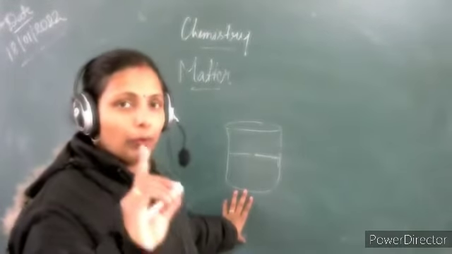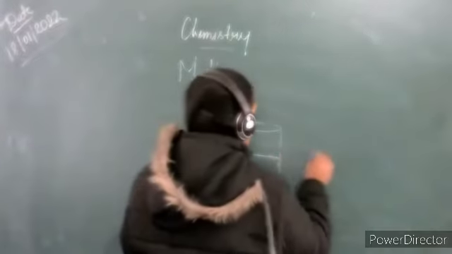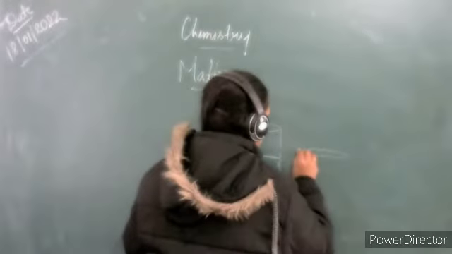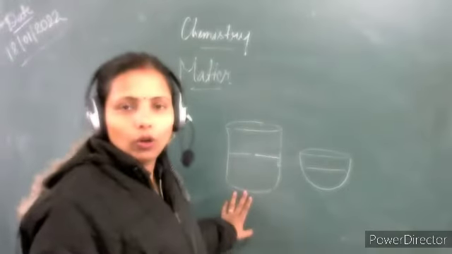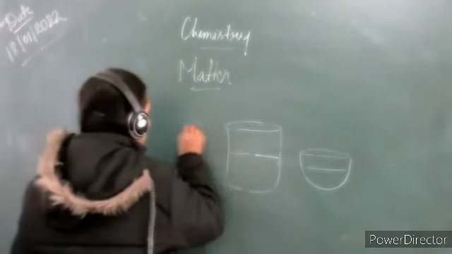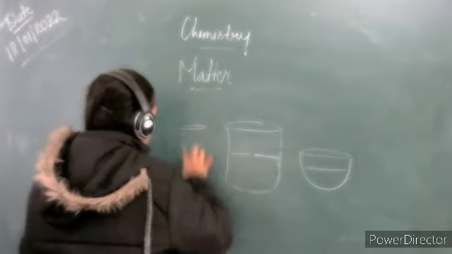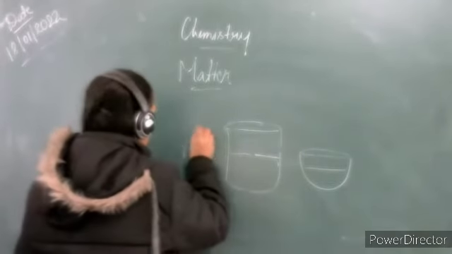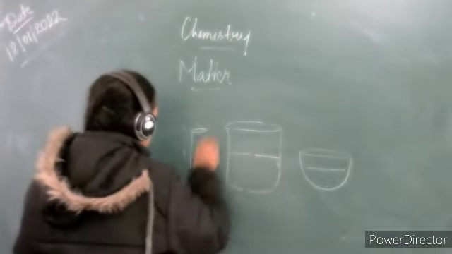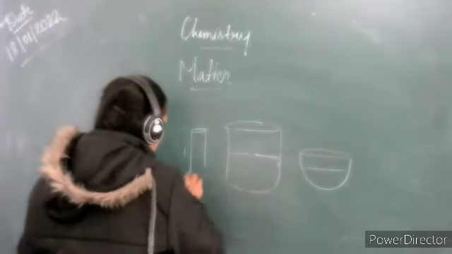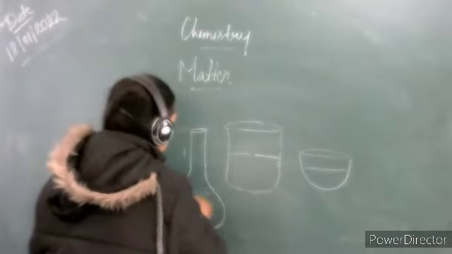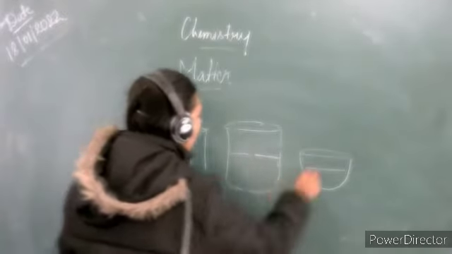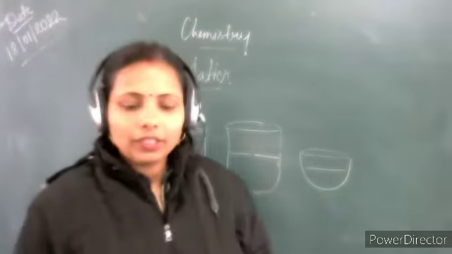Water will take the shape of the beaker. If you put it in a bowl, it will take the shape of that bowl. Or if we take a conical flask like this, it will take the shape of the conical flask.